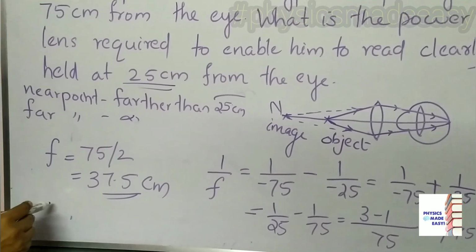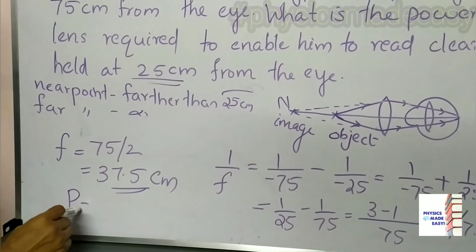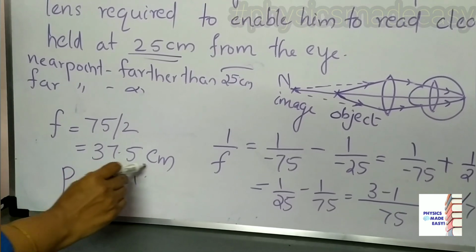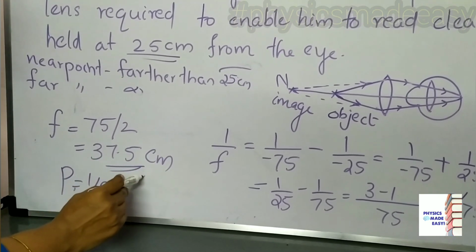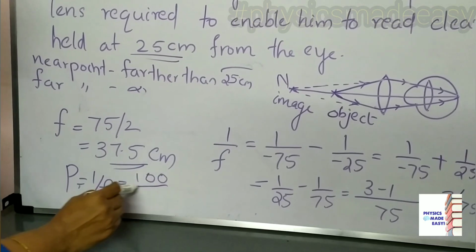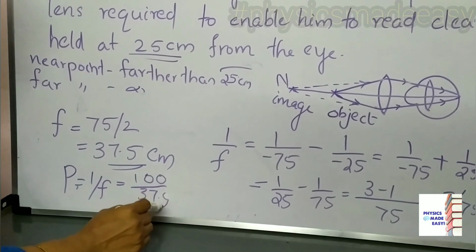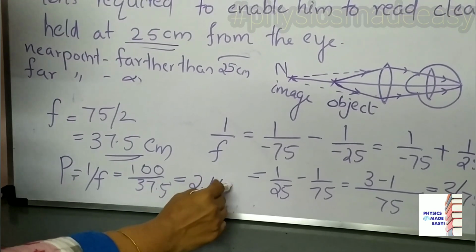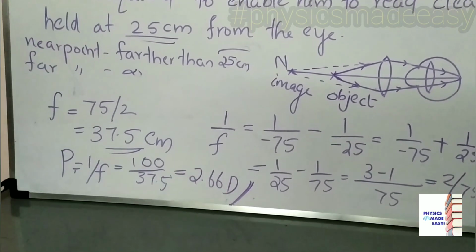Then how to find the power? Power is equal to 1 by f. Here it is given in centimeters, so we can write that as 100 divided by 37.5. Then you will get this as 2.66 diopter. That is the power of this convex lens.